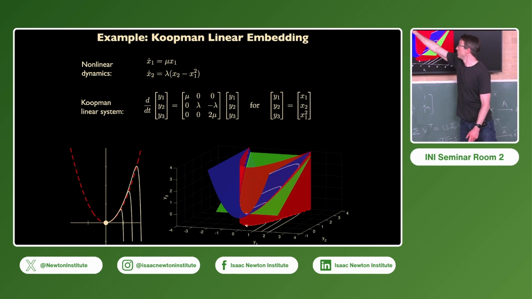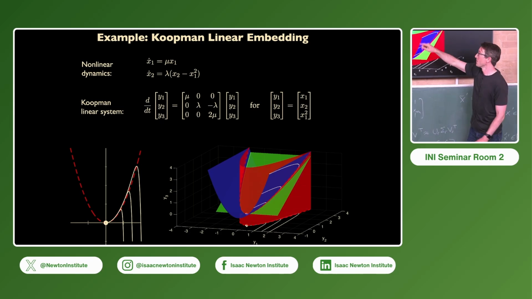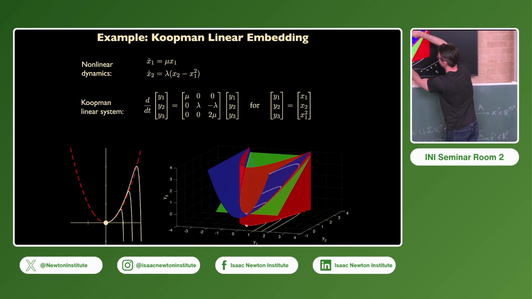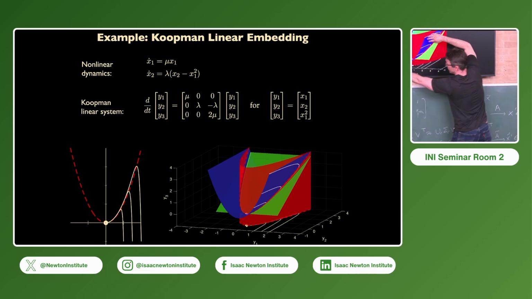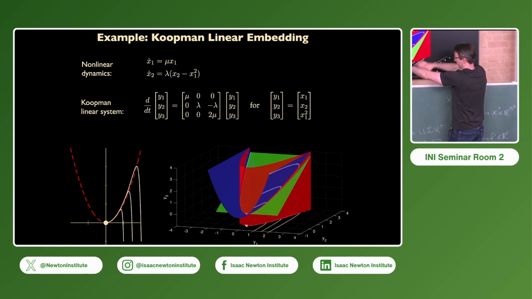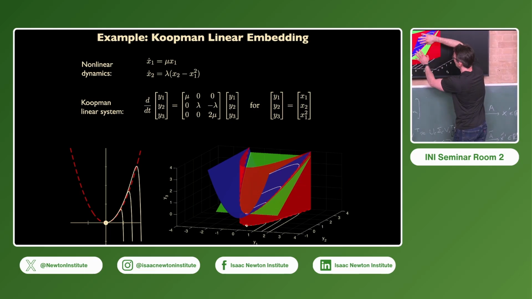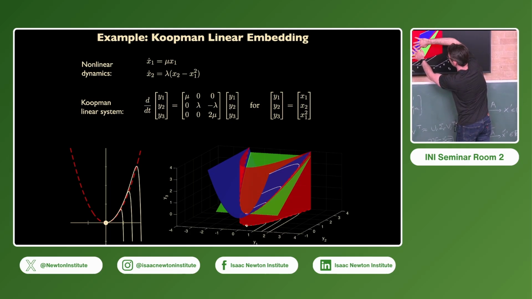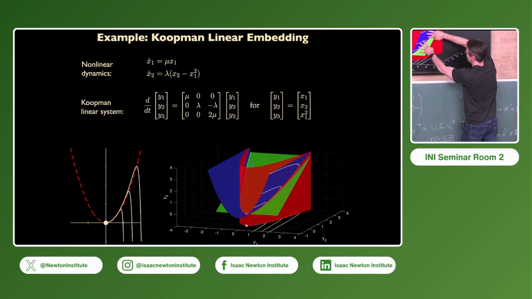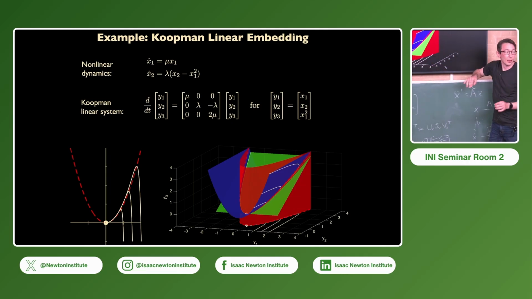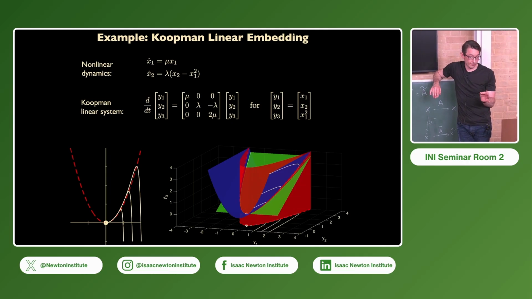All I've done is introduce a new variable y3, and now you can see these white curves, the same exact ones as before. If you project them onto y1 and y2, it's exactly what you see on the left. These white curves are shrink wrapping onto this slow manifold and then slowly converging to the origin. But this is a purely linear system.